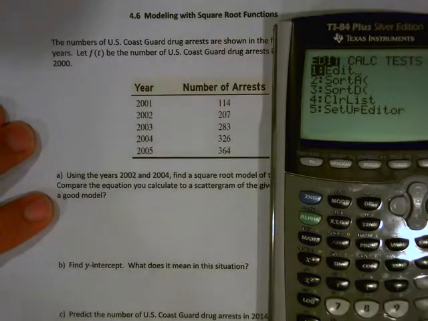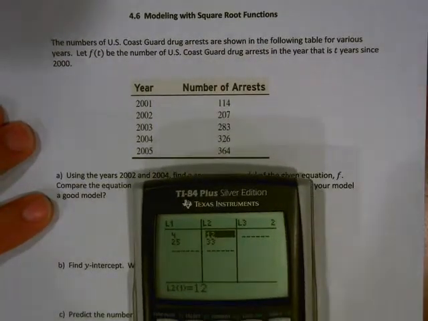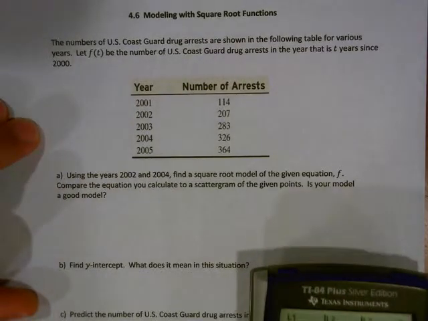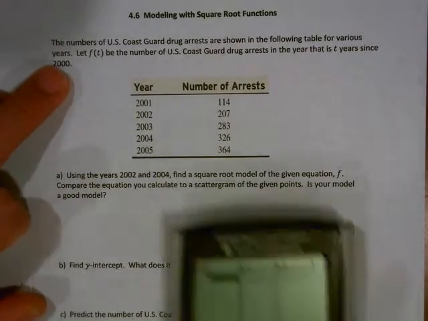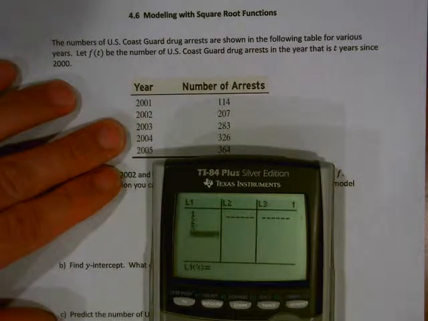If I go stat edit, I'm going to go ahead and put my data in. So number of years is since 2000. So it's going to go 1, 2, 3, 4, 5.